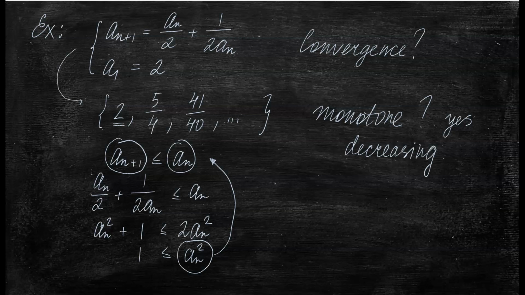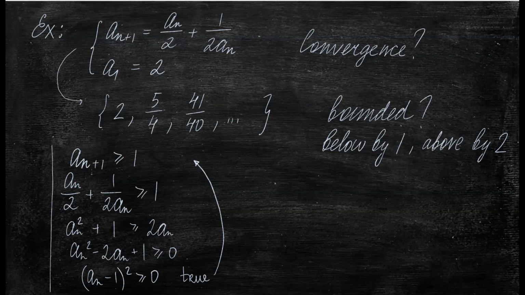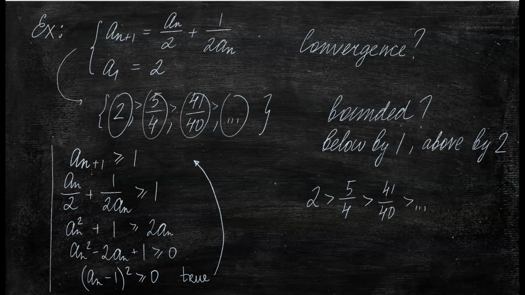So we know that this term is greater than the next term, and that term is greater than the next one. We see how it is bounded above by 2 because 2 is greater than 5/4, it's greater than 41/40, and so on. So this convinces us that this sequence is bounded.